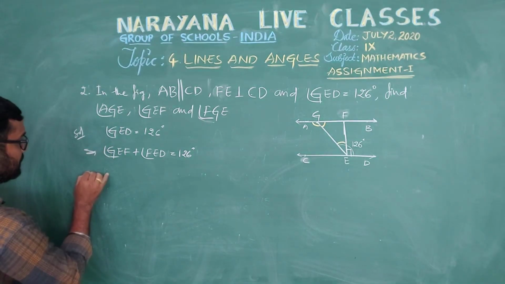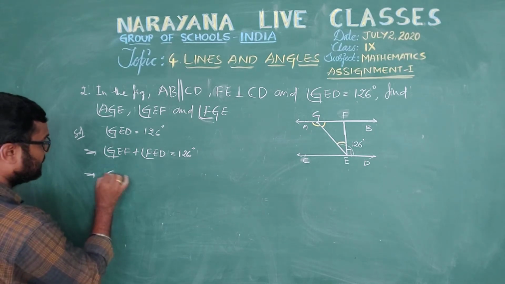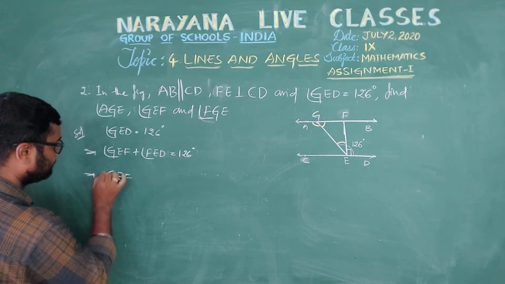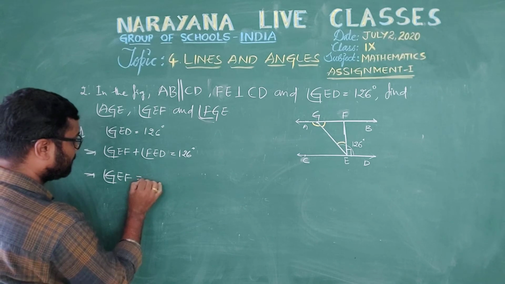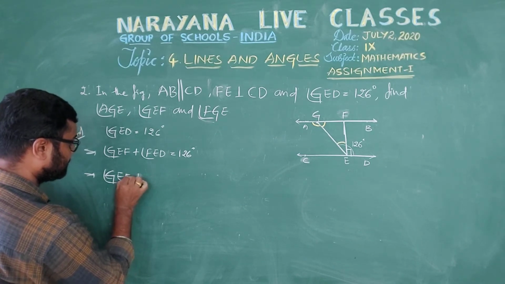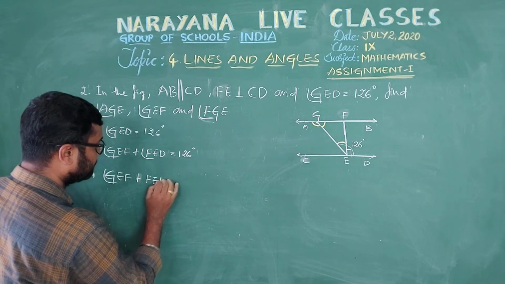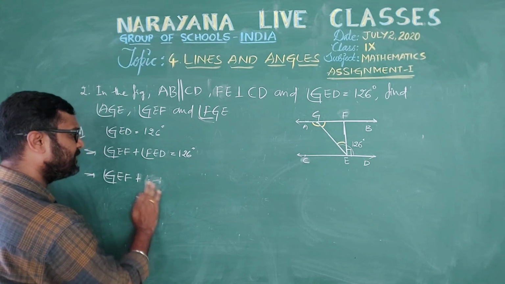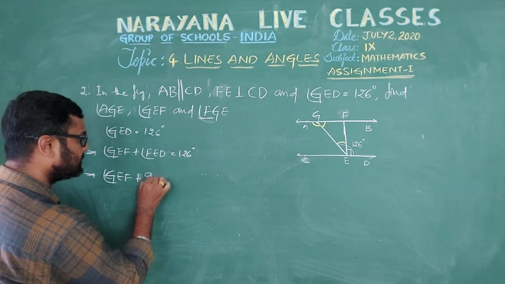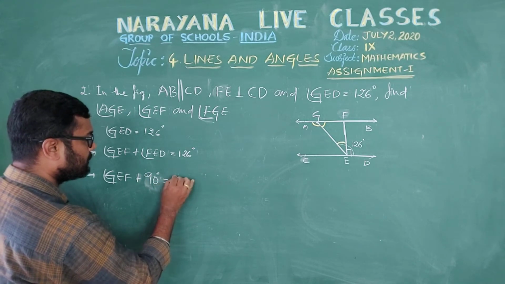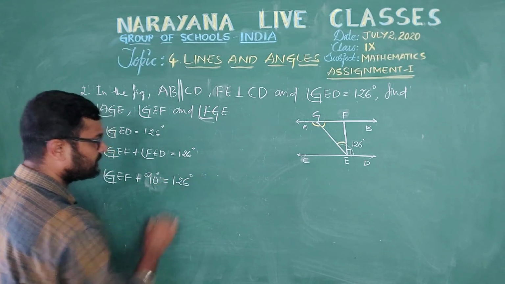So can I write angle GEF plus 90 degrees is equal to 126 degrees?